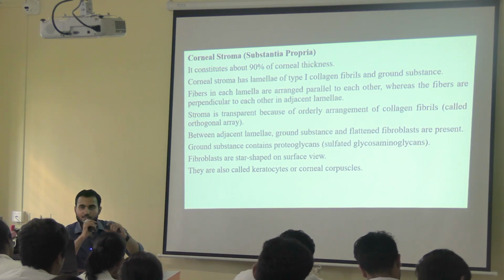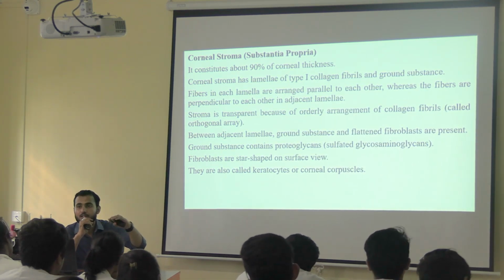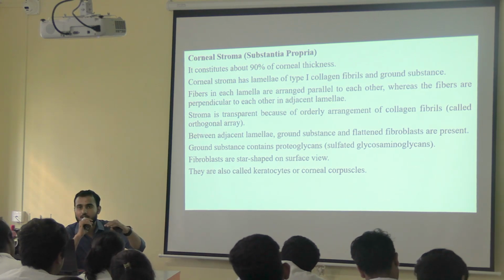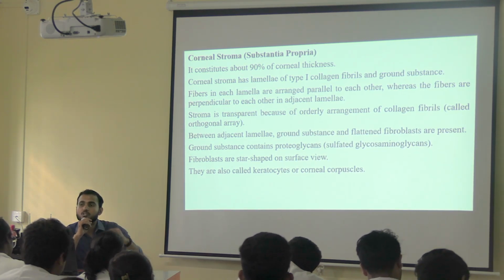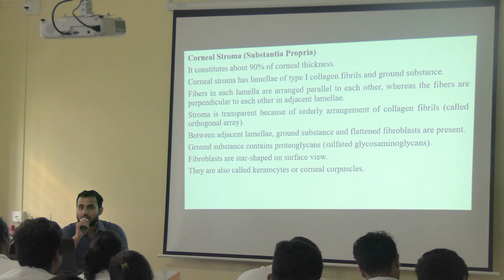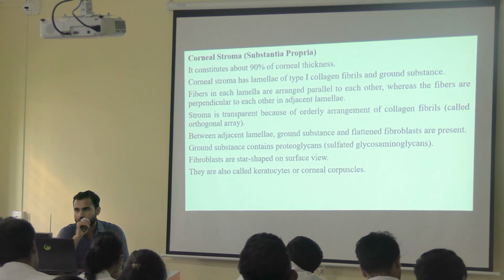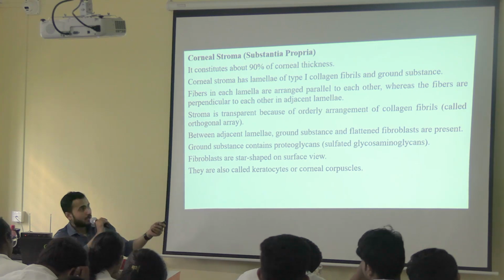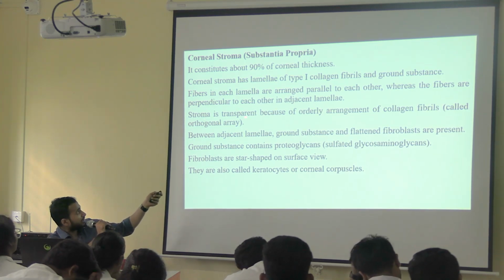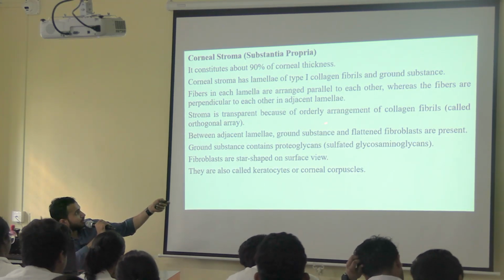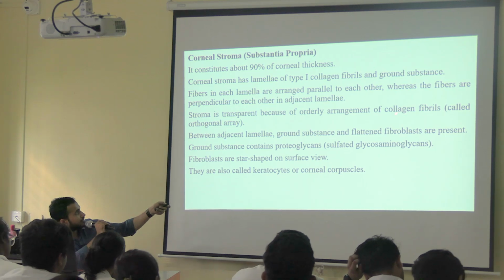So bundles of collagen fibers are present in the lamellae. That means layers are there, and in each and every layer, bundles of collagen fibers are present. Now here the collagen fibers are arranged particularly.